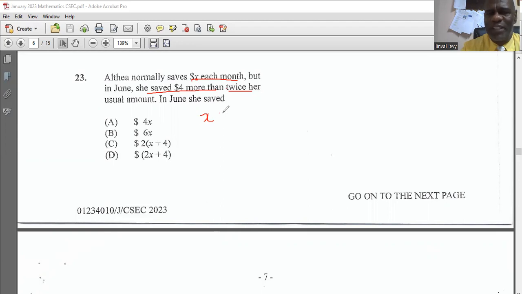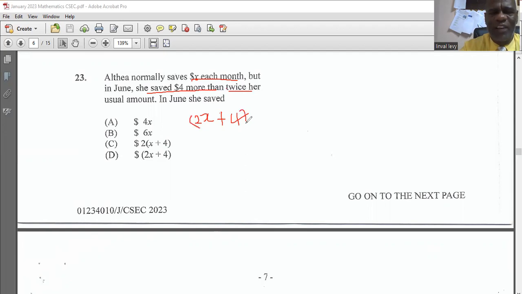$4 more means that you're adding $4. Right? So that's plus 4. And it's $4 more than twice her regular amount. So twice her regular amount would be 2x. Right? So 2x plus 4.